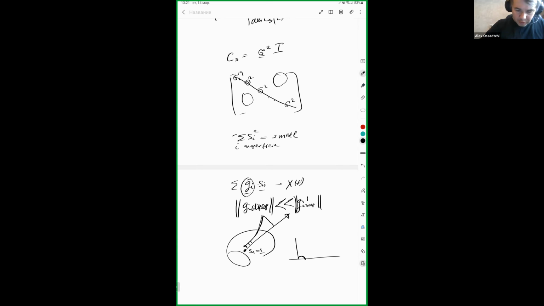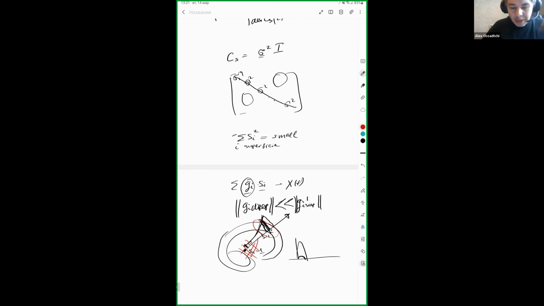And if this source is active as 1, then you will see something like this, right? Because this magnitude is bigger, the norm. And therefore it will be profitable for the beamformer to explain the same magnitude of data by assigning activity to these sources and not assigning activity to deep sources.